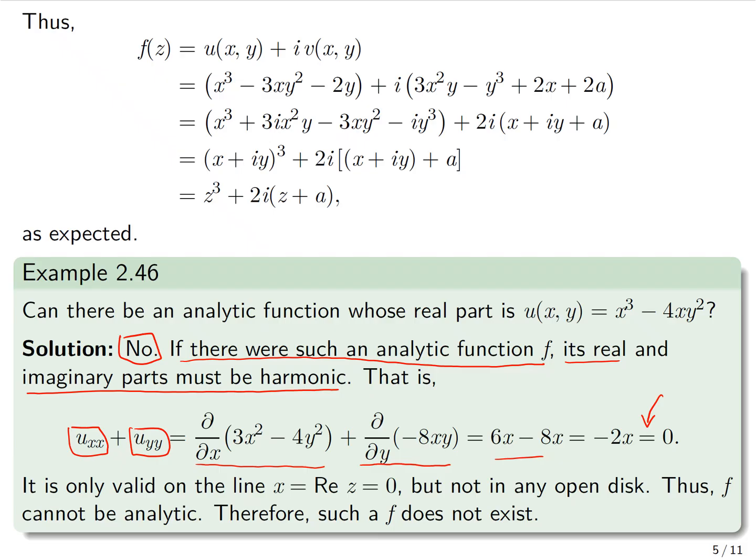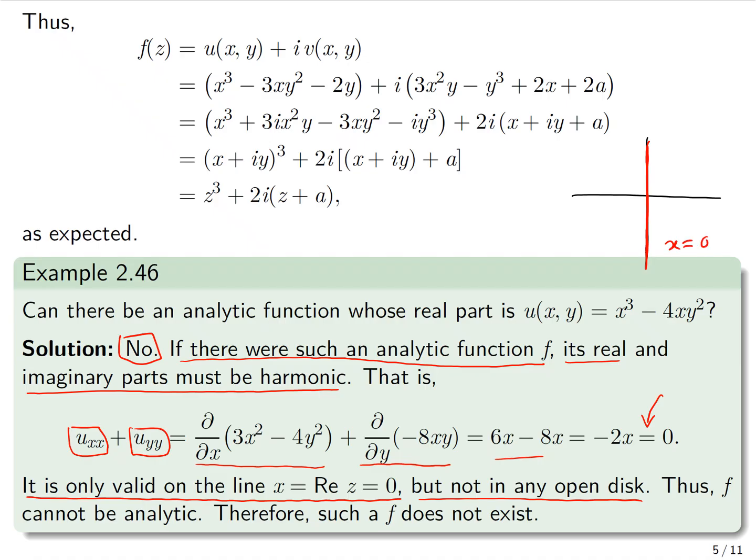So that means it is only 0 on the line x equals 0, where x is the real part, but not in any open disk. What does that mean? You can see that it is 0 only on this line where the x coordinate is 0.